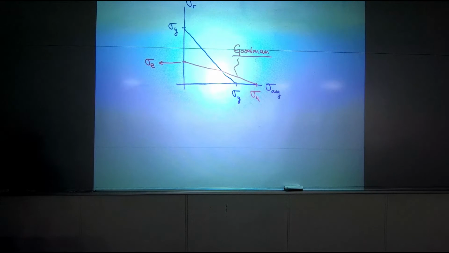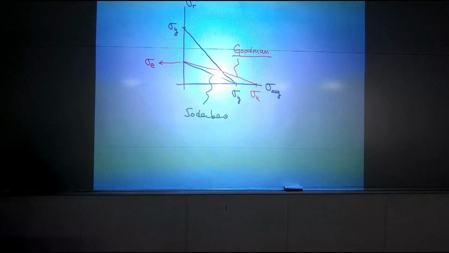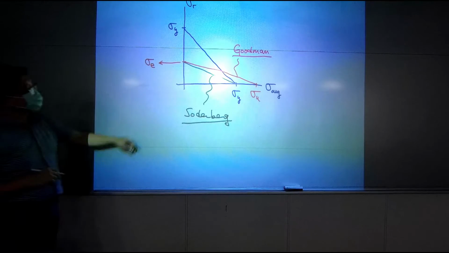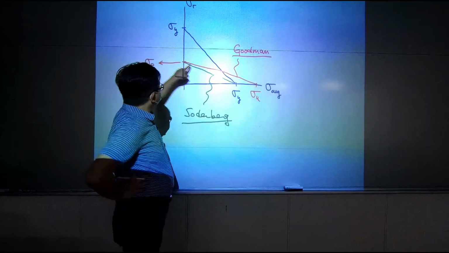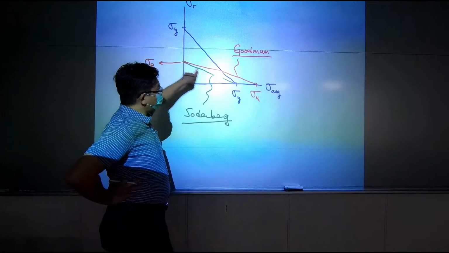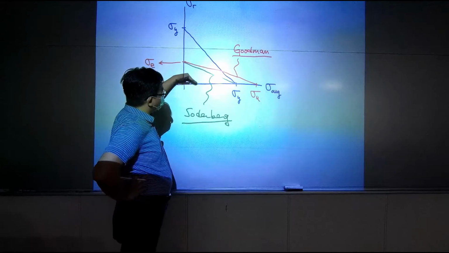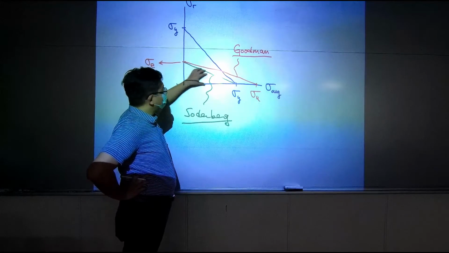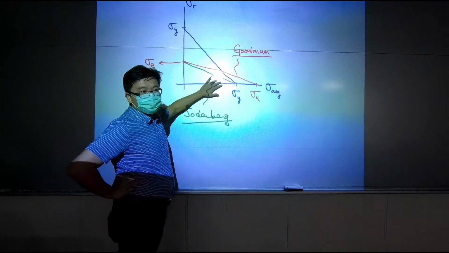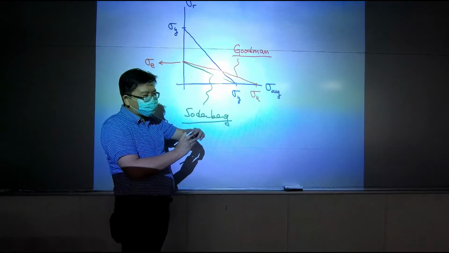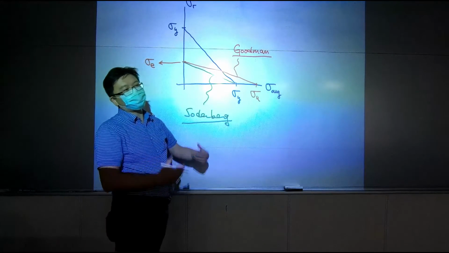Okay, so for Soderberg, it is using this one. The most conservative design. He directly connects the endurance limit and the yield strength. This model has the smallest design space. If you have a smaller design space, your design is more conservative.